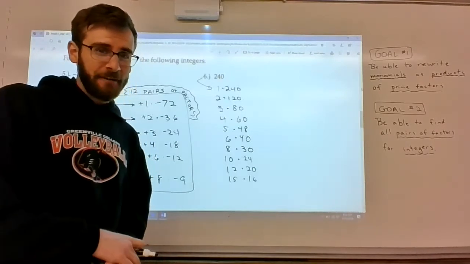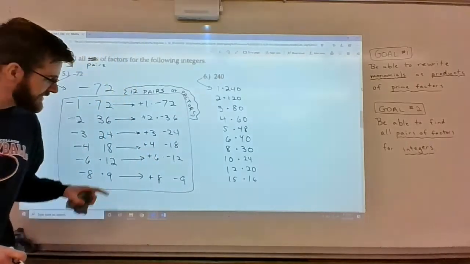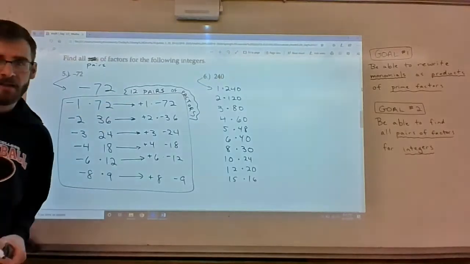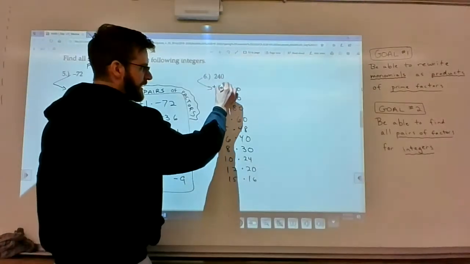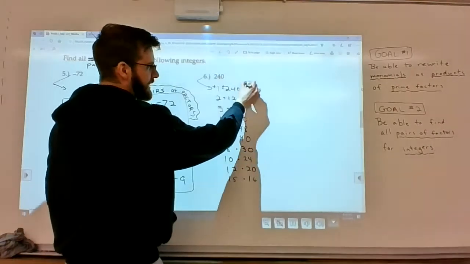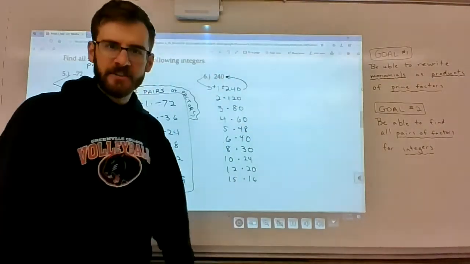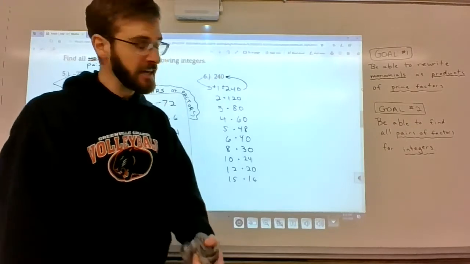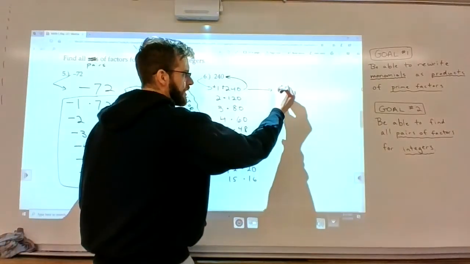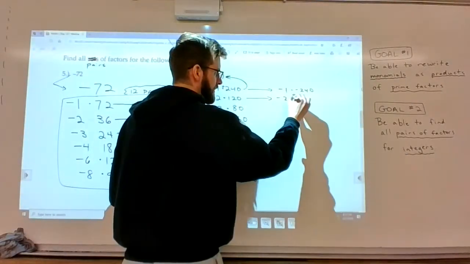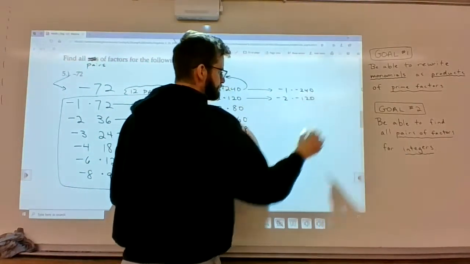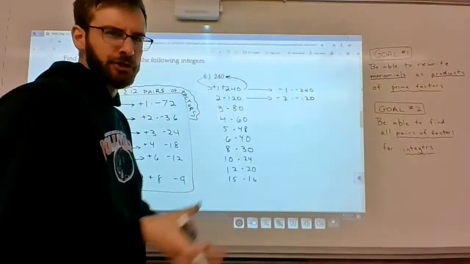And then you have to take into account that there's going to be a second row or column of factors. Here's why. A positive times a positive yields a positive 240, but so does a negative times a negative. So technically, each one of these has a corresponding negative times negative list. So you can probably shoot forward in the video.